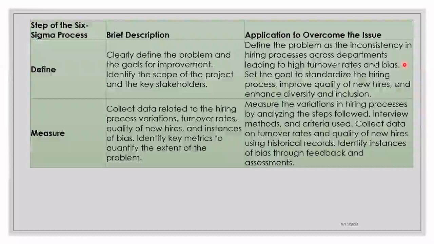How to do it with this scenario? Measure the variation in the hiring process by analyzing the steps followed, interview methods, and criteria used. Because you know there are a number of steps that we are required to follow during the hiring process.